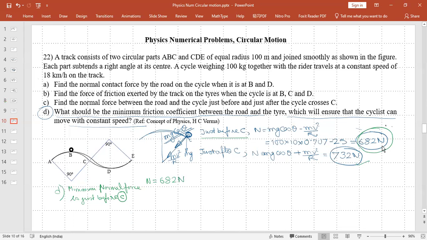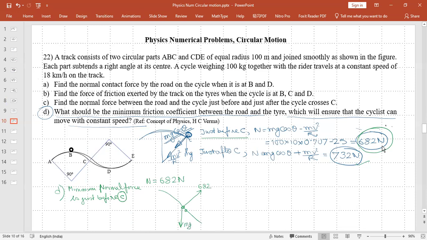So here, just before C, if we draw it like this, this is C, the normal force is 682 Newton. And this is mg working downward.